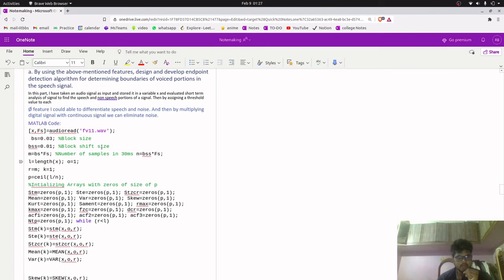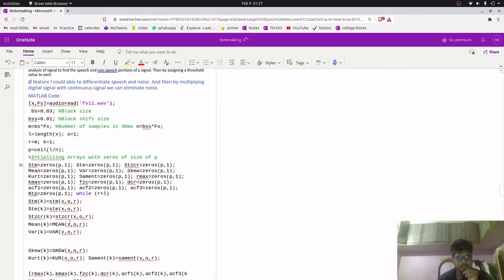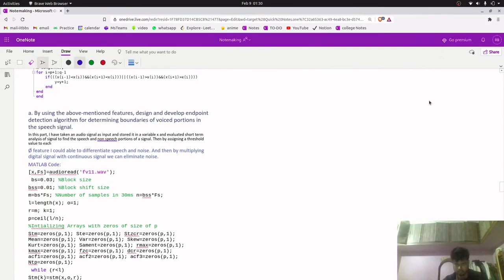Now it is the main code or driver code. Coming to the main code part, here I have taken the audio file as .wav, and my file name is fv11.wav.